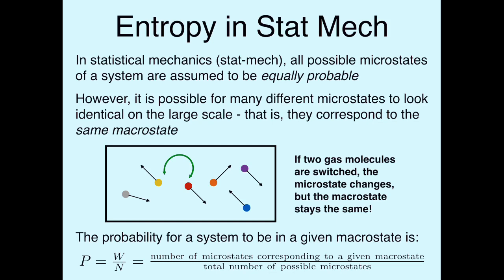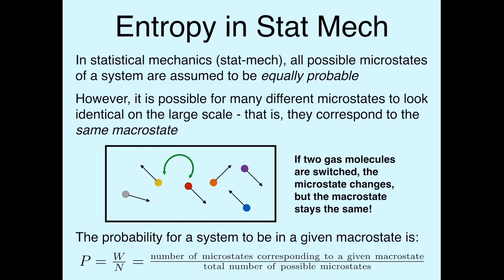It's not like some are favored over others, they're all just equally probable. But the thing is, there's often many different ways that you can take a system and rearrange it, and it still looks the same on the large scale. In other words, there are many different microstates that can correspond to the same macrostate.